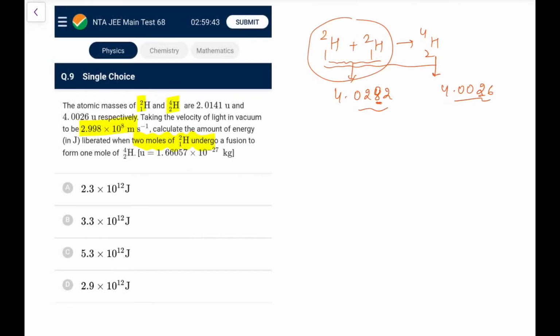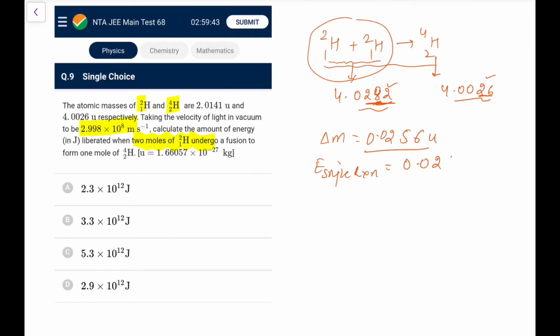Now the mass defect in a single reaction, if I solve it, is 4.0282 minus 4.0026, which is 0.0256 U. So energy of a single reaction would be 0.0256.